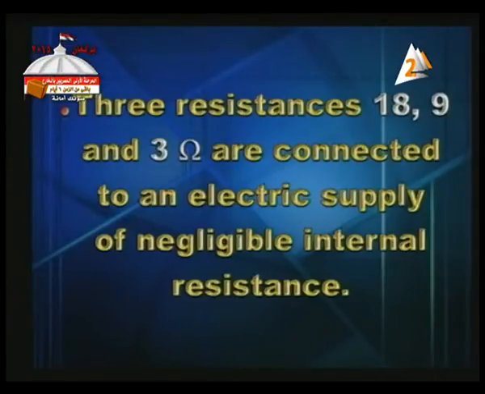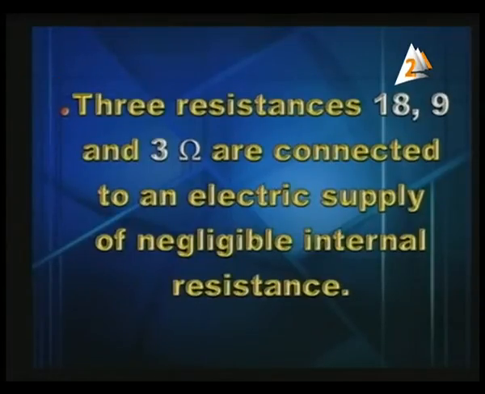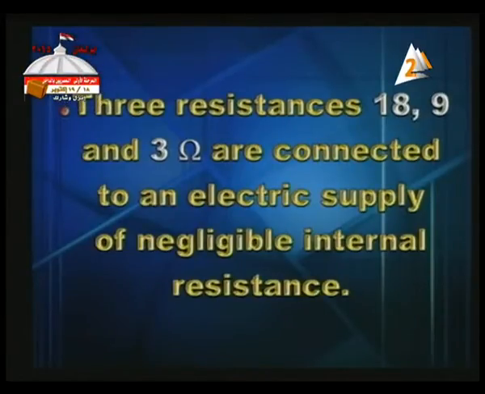Another type of questions, it is verbal questions. We've got 3 resistances, 18, 9, and 3, connected to an electric source, supply. Your attention, please. The way they are connected together is not mentioned.